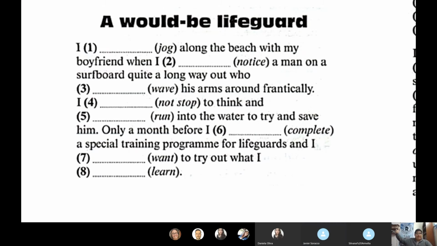Only a month before, I had completed a special training program for lifeguards, and I had wanted to try out what I had learned. Before that, antes de esta historia.